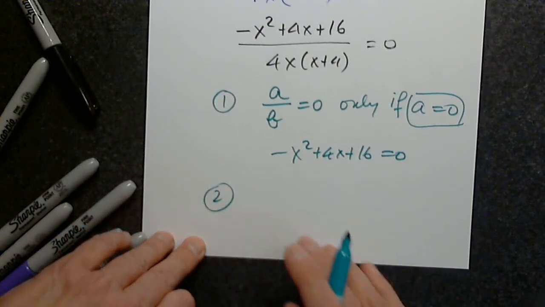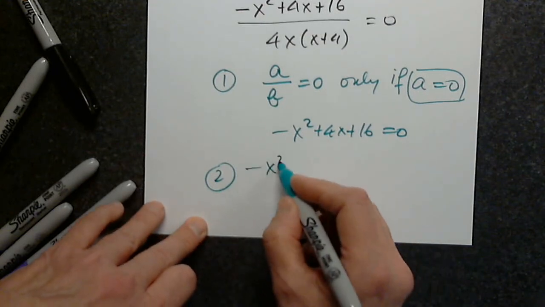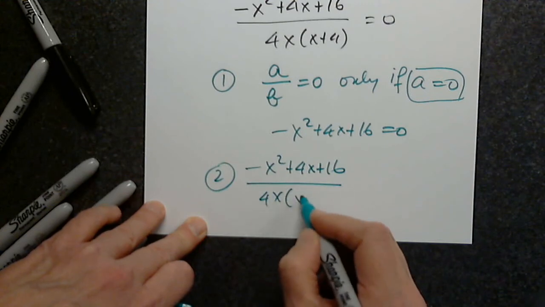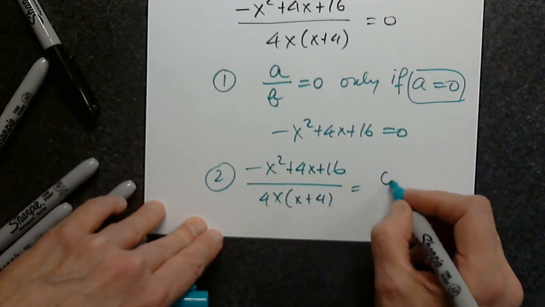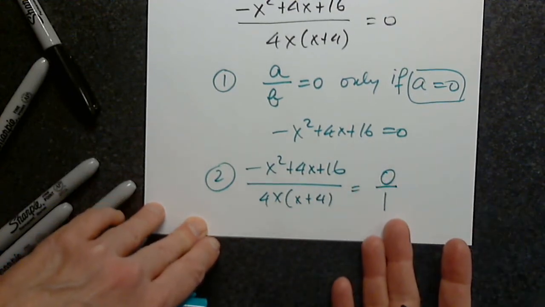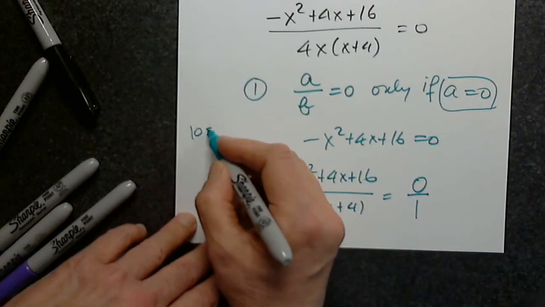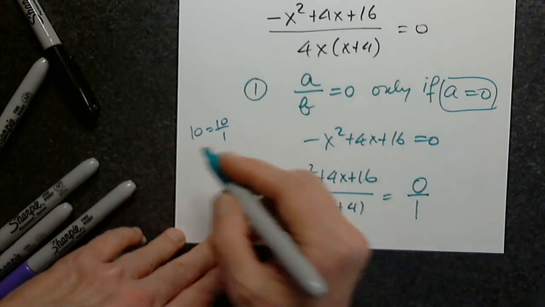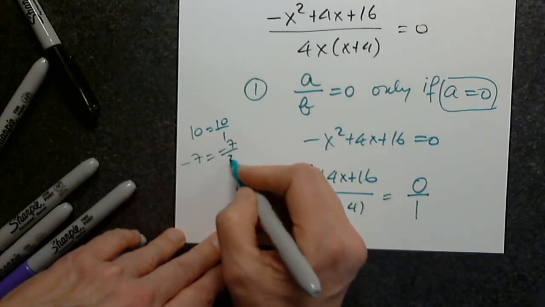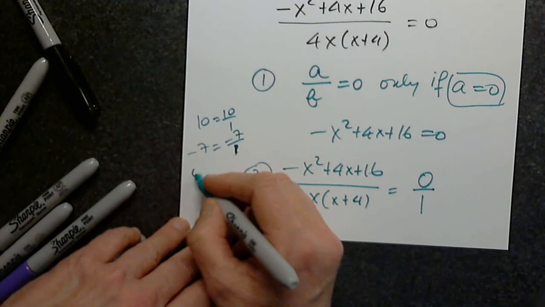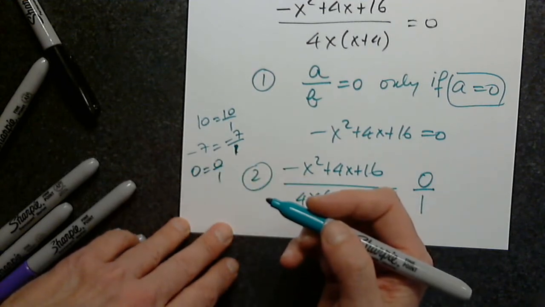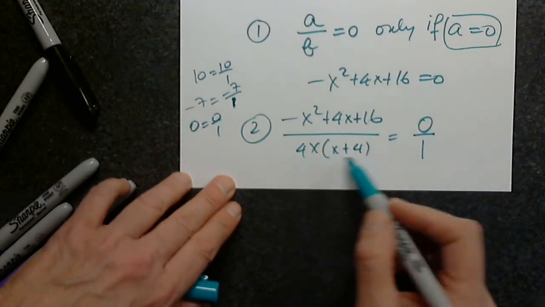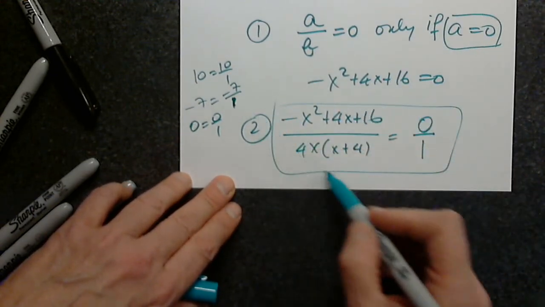Here's option number 2. In option number 2, we write this. Is this true? Can I write 10 as 10 over 1? Of course. Can I write -7 as -7 over 1? Can I write 0 as 0 over 1? It's a number. Everything over 1 is itself. So now this becomes a proportion.